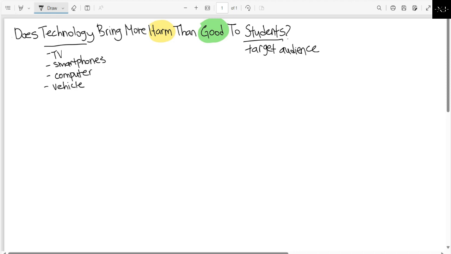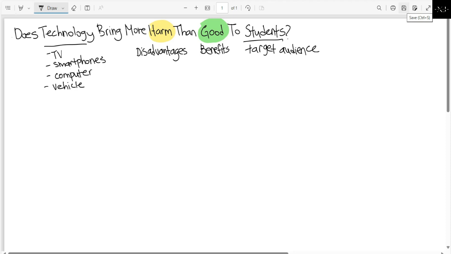If you agree that technology brings more harm to the students, then in this entire essay, you have to write the disadvantages that technology is bringing to the students. However, if you write about the good things, you obviously have to talk about the benefits or the advantages of technology.